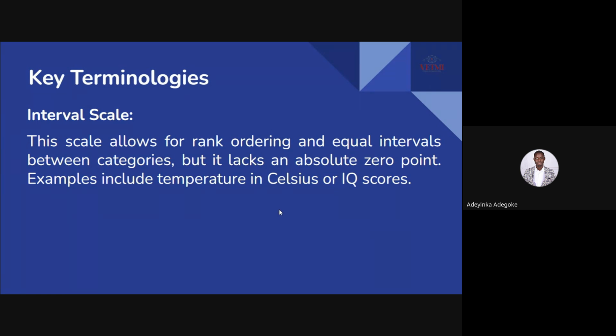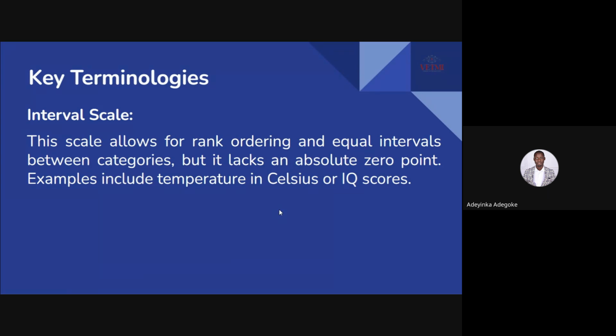But the next two that we are going to be dealing with are in the form of numbers, in the form of figures. So we refer to them as numeric variables.